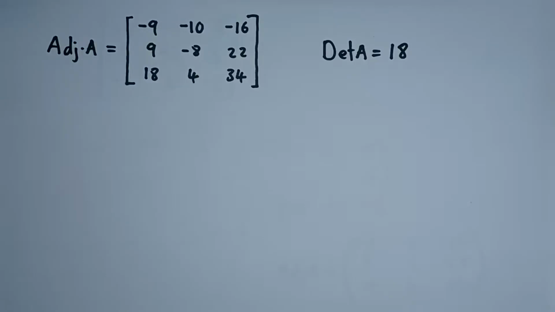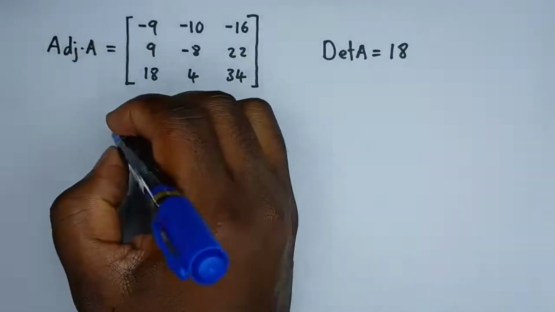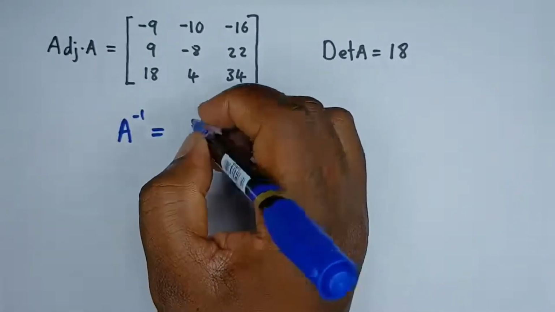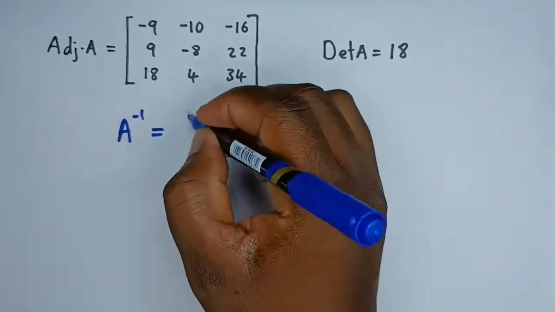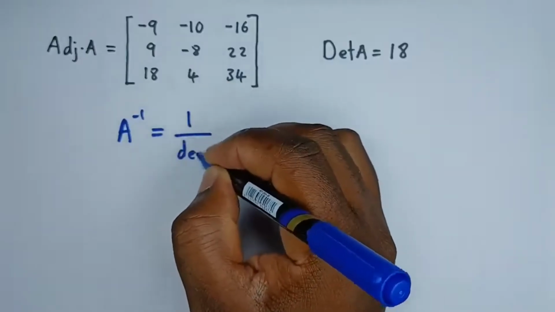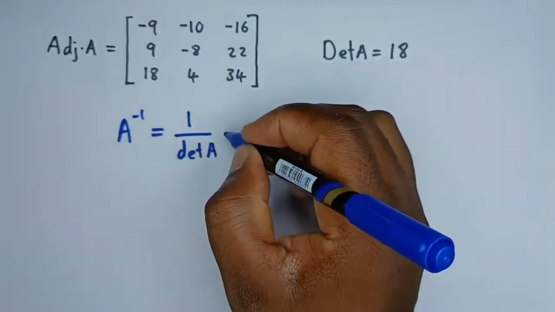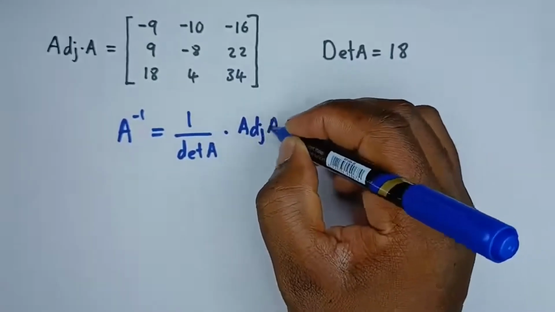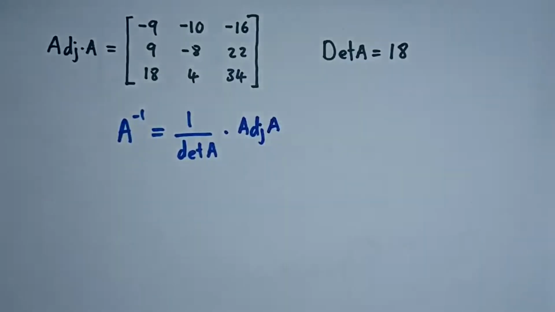So now that we have these two, we can proceed and find the inverse matrix. So the formula for the inverse is given by, the inverse of A is equal to 1 over the determinant of A multiplied by the adjoint of A. So once you multiply these two, then you get the inverse.